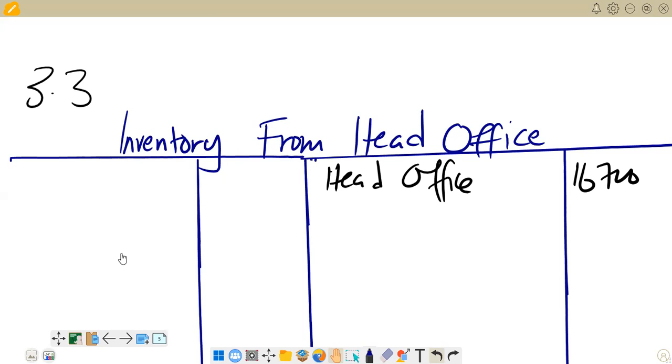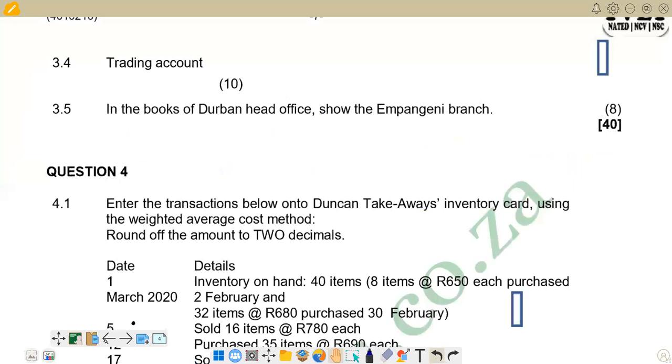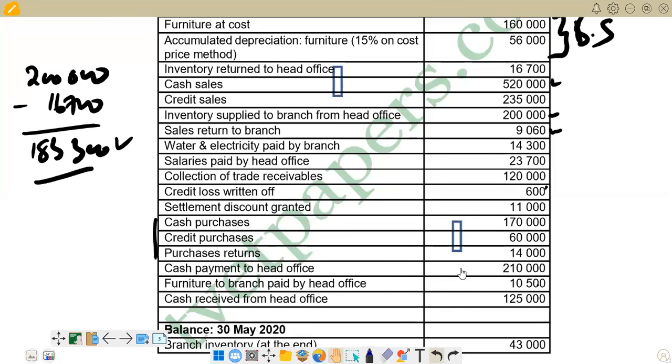So we can go there and check that figure. We have 200,000 inventory supplied to the branch from head office. So we are going to the debit side of the inventory from head office, and we enter on the debit side 200,000. So we can just go there and enter that one.